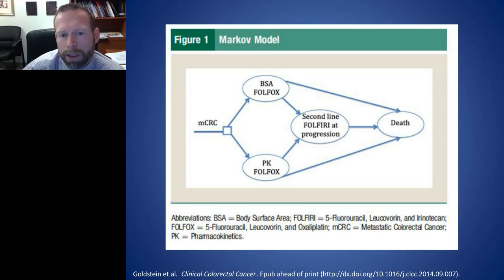And this is really just an empiric representation of the model. So they're looking at the administration of these regimens and then what second line treatment is needed once the disease progresses, and then ultimately looking at death as the endpoint as they calculate the quality adjusted life years.